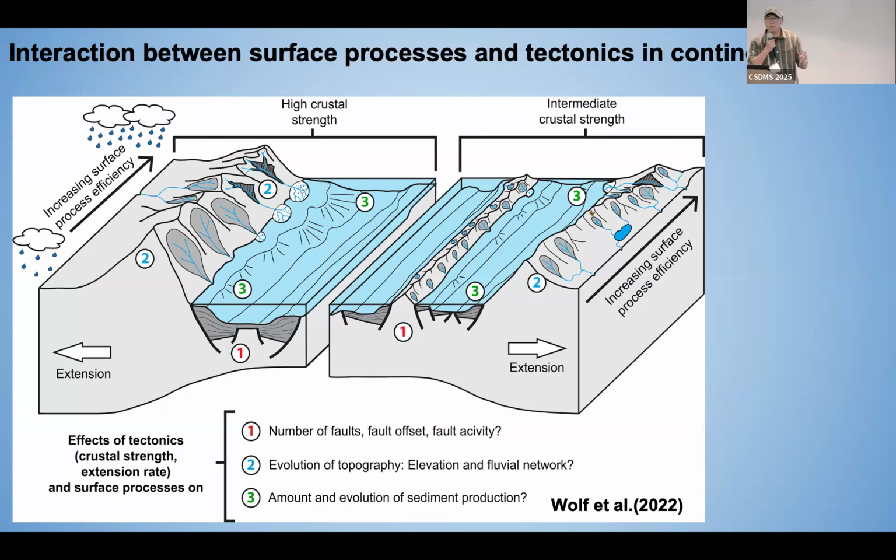For example, you can find the deepest lakes and also the thickest sediments in continental rift basins, as summarized by Wu et al. in 2022. Rifting itself is characterized by regional extension and upwelling of the mantle, developing a border fault.